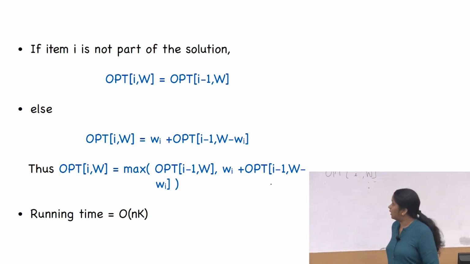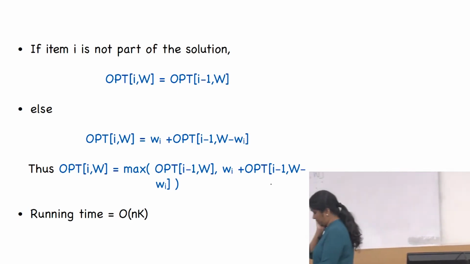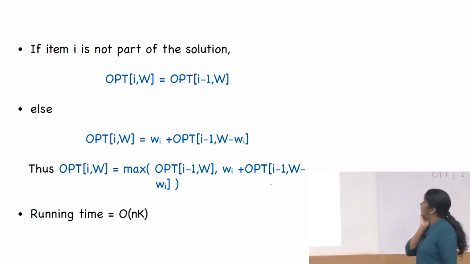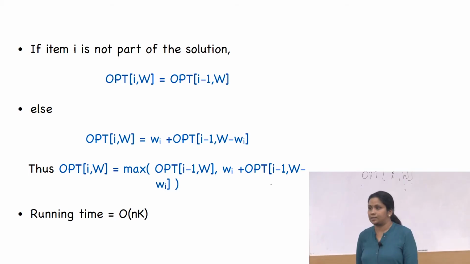So if item I is not part of the solution, then opt of I, W is the first value. Otherwise, opt of I, W is Vi plus opt of I minus 1, W minus Wi, and one of them should be the correct answer. We are trying to maximize, so it is the max of these.